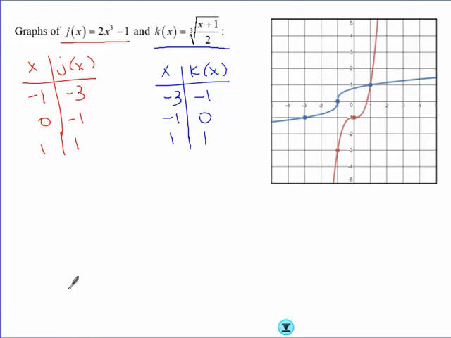So you'll notice here that if I have a point (a, b) on j of x, that becomes (b, a) in k of x, or in other words, the x and the y coordinates switch. If we look graphically, these two functions are symmetric across the line y equals x.